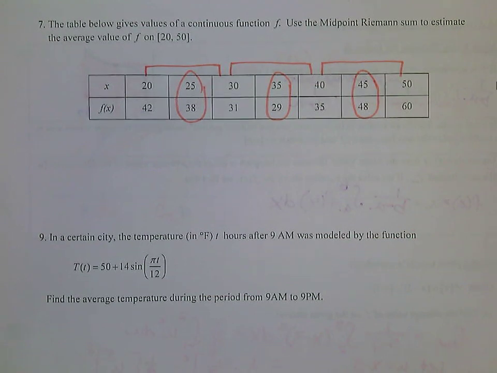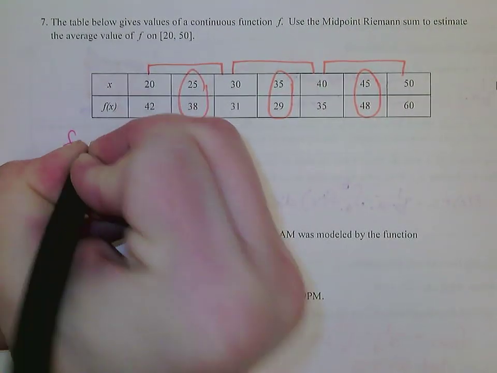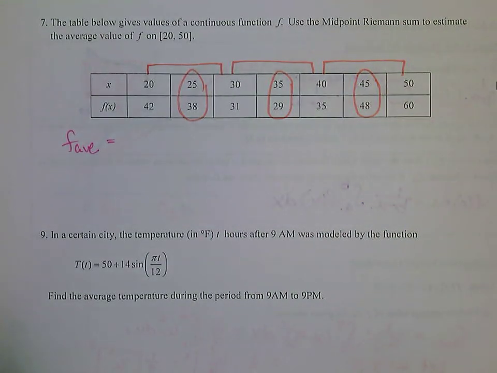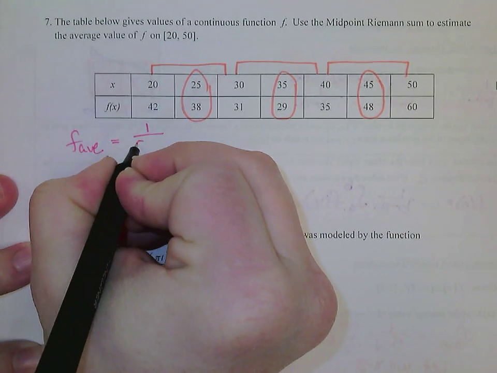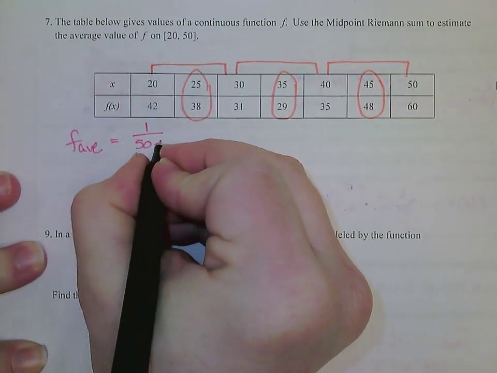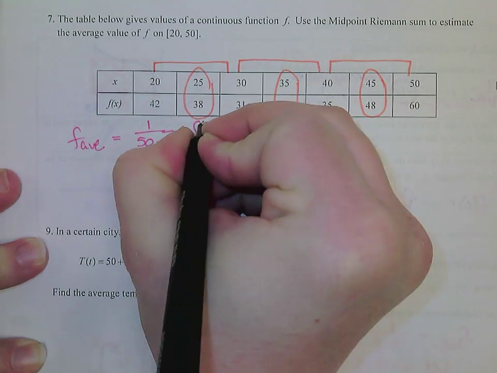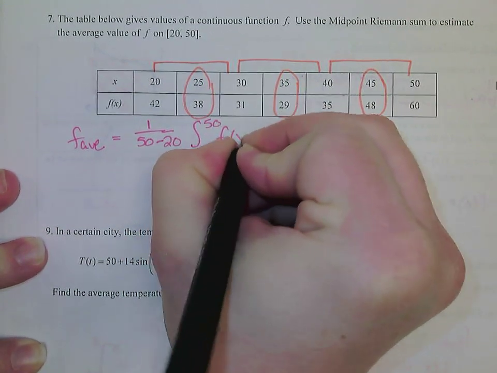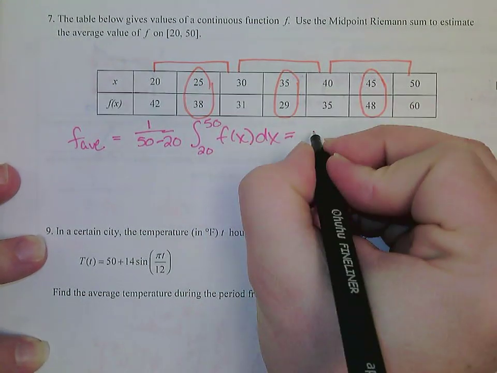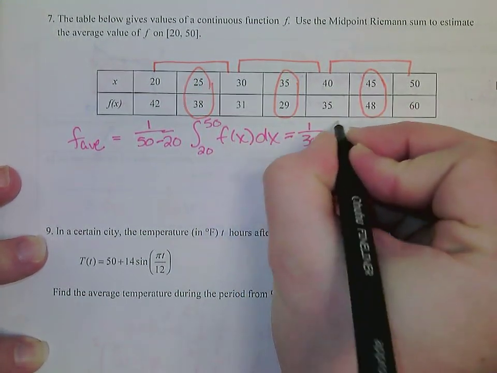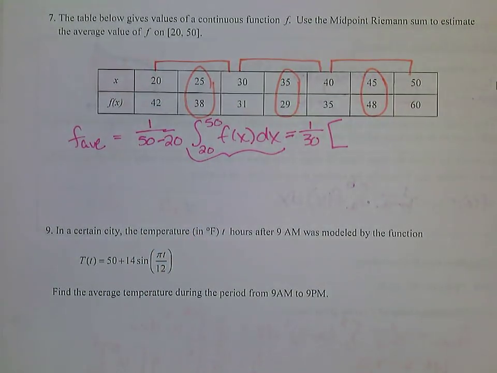So the average value of f is equal to 1 over b, 50, minus a, 20, times the integral from 20 to 50 of f of x dx. So we have 1 over 30, and then it told us to approximate this by using a midpoint Riemann sum.